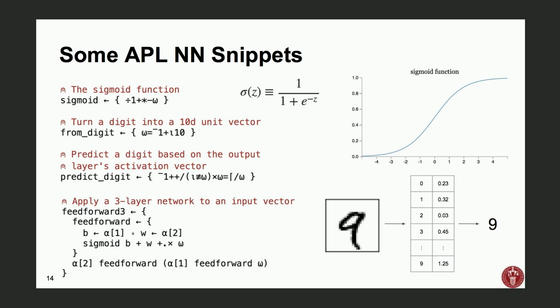The feed forward is basically taking one layer and feeding the input to that layer to the next layer, and we repeat this process twice, since we have a 3-layer network with 2 layers containing neurons. You see a matrix vector multiplication happening, then you add the bias, and then you apply the sigmoid function on the entire vector. So this is how it is implemented.